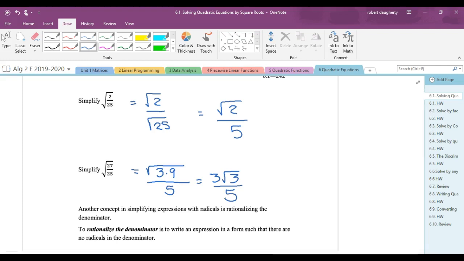Now, what if you had something that you really, let's just say, for example, let me do one real quick, suppose I had something like the square root of 96, okay?